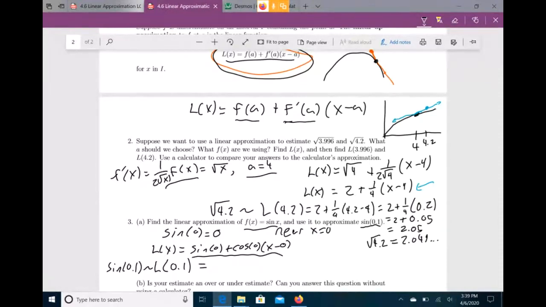Okay, and you're right. So sine of 0 is 0. Cosine of 0 is 1. X minus 0 I could just write as x. All right, so the linear approximation is just x.